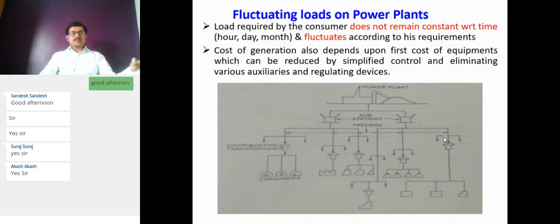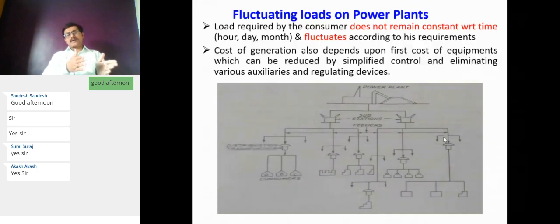Then possibly you need to go to wash, so you will start your electrical geyser. Once it is done, you will put off your electrical geyser. Once that is done, possibly you will use the electrical iron for some 15-20 minutes, and before leaving for your work and getting ready, you will start your fan so that you can feel comfortable.